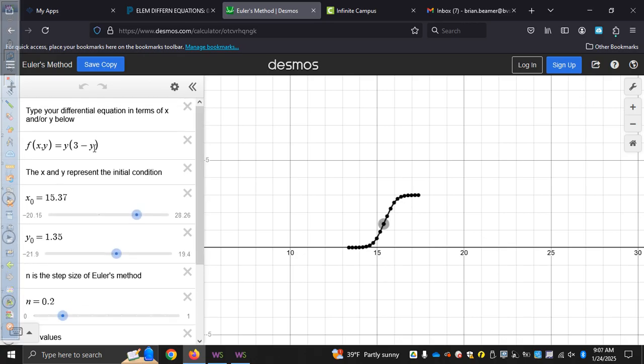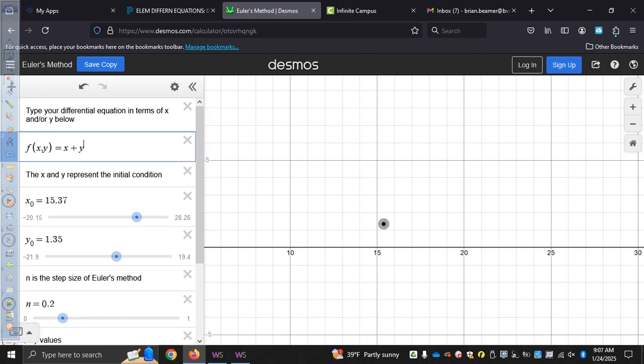So here's our differential equation, f of x y. That's y prime equals f of x y. So x plus y squared. I'll put that in there. X plus y squared. X0, I'm going to set to 0.